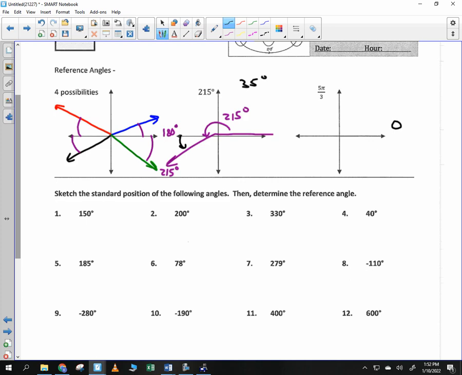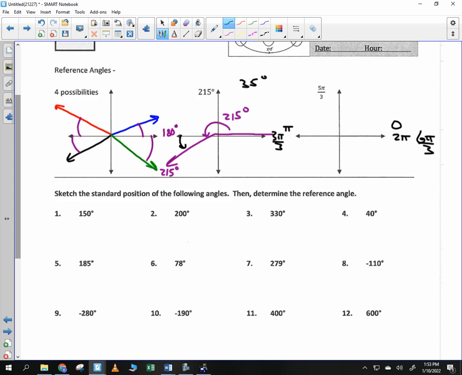All right, 0 radians, pi radians, and 2 pi radians. Instead of pi, what else could I write? 3 pi over 3. Instead of 2 pi, I could write 6 pi over 3. Notice how I've created a common denominator?